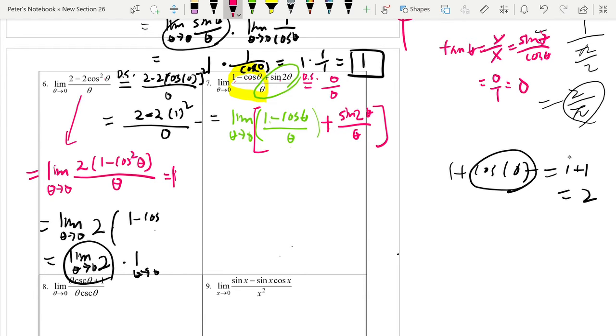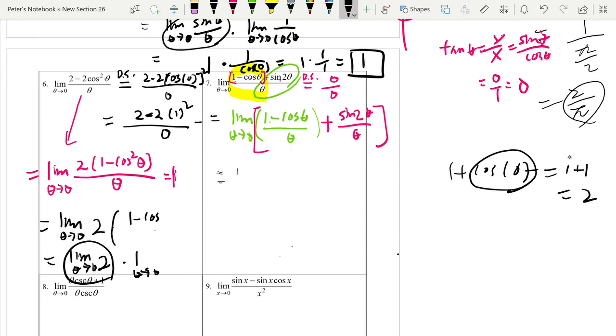It's 1 minus cosine theta plus sine 2 theta. This type of algebraic manipulation is essential when you're dealing with a lot of calculus problems. You probably had a lot of practice with that in pre-calculus, and if not, then we'll practice it right now. So 1 minus cosine theta over theta plus sine 2 theta over theta.